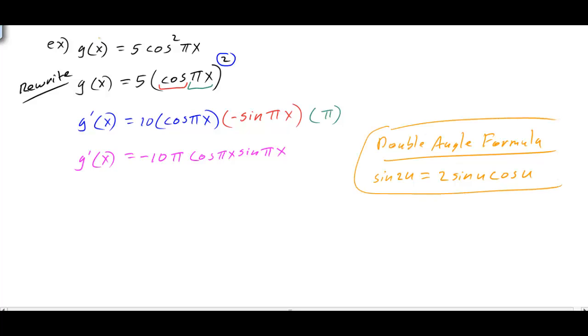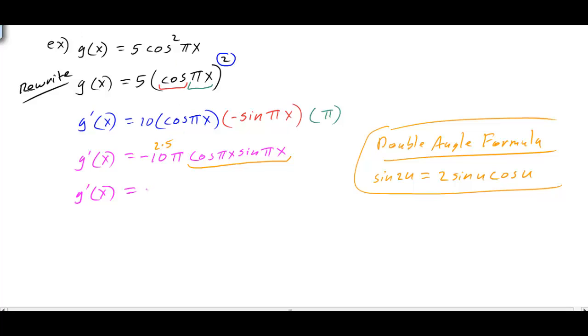Well, if you look at our problem here, we have sine u cosine u, so we have the cosine pi x, the sine pi x. Do we have the 2? Well, we have a negative 10 here. If we take and split that up, we know that we can factor 10. That's the same thing as 2 times 5.